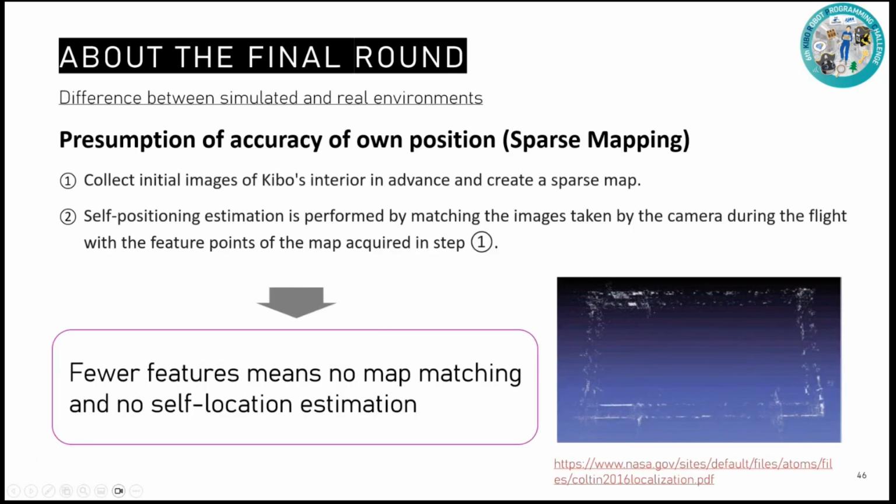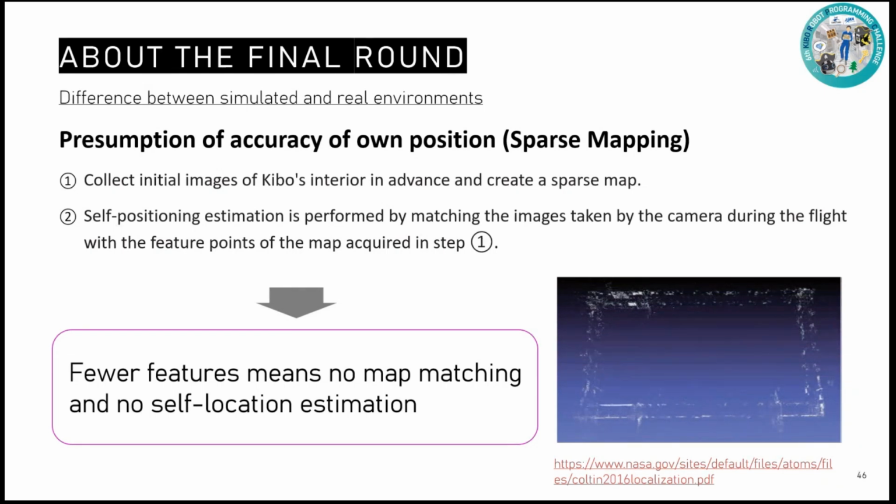I also want to tell you about the difference between simulated and real environments, because the preliminary round is on a simulator, but the final round is on the ISS, the real space environment. One significant difference is the accuracy of self-localization. Astrobee determines its current position and orientation using a method called sparse mapping. It works as follows.